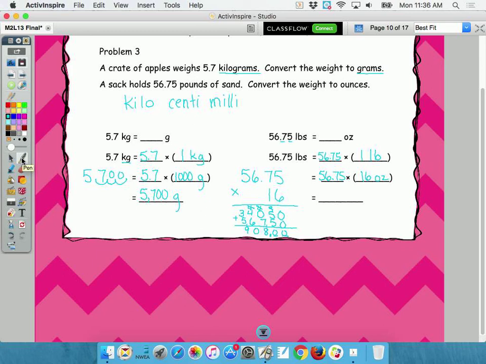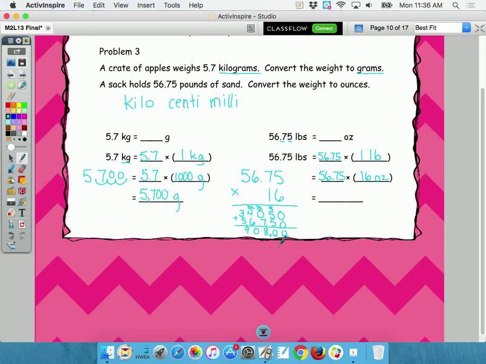So since I'm paying attention to the decimal place value, I have to place my decimal as soon as I finish the standard algorithm. Now, last week we talked a little bit about this because you're looking at this number and you already know that those 2 zeros don't have to be written, do they?